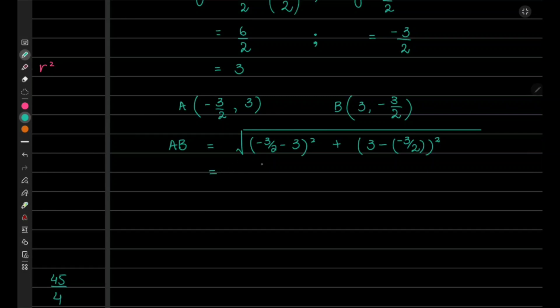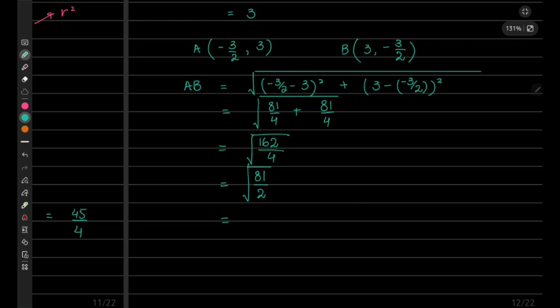Let's simplify this. That is actually 81 over 2 under the root.